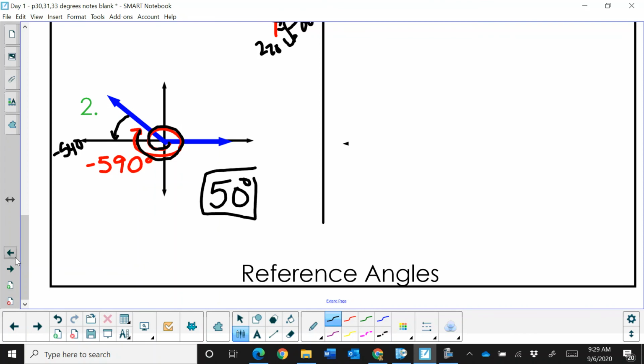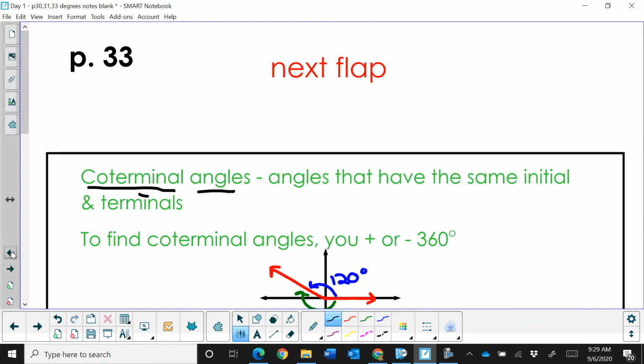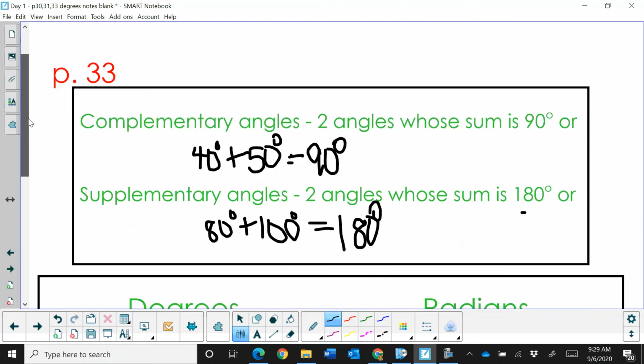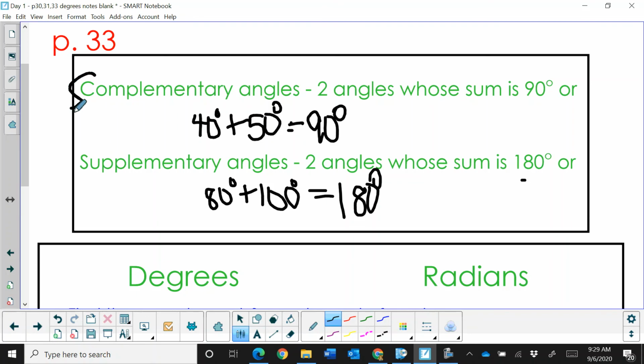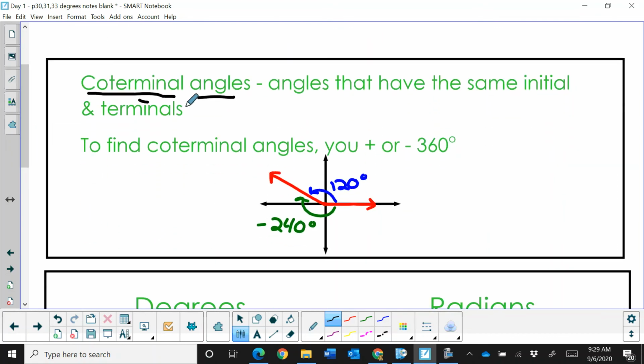So those are the three main topics for this part of the lesson. So let's just go back and flip through those very quickly. You've got your complementary and supplementary angles, where complementary add to 90, supplementary add to 180. Then you've got your coterminal angles. They're angles that have the same initial and terminal sides.